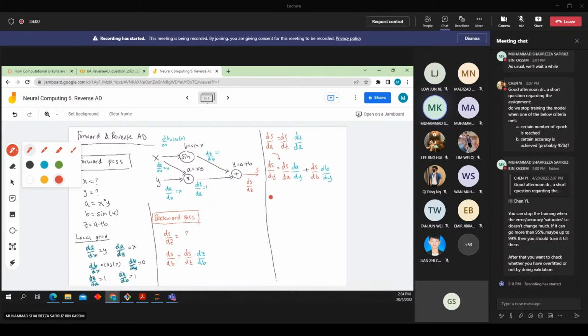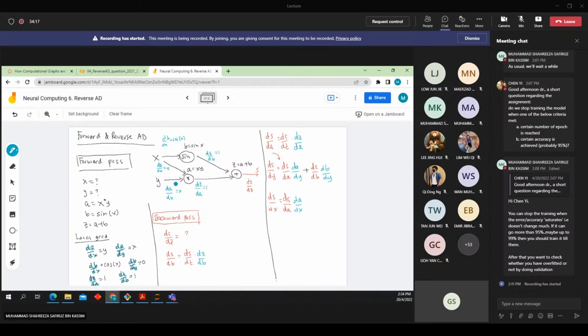And then of course the last one, you'll do ds/dx. The equation is different, but the shape is the same. The method is the same.